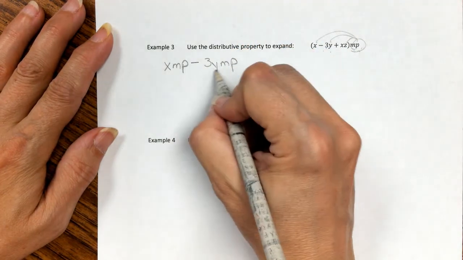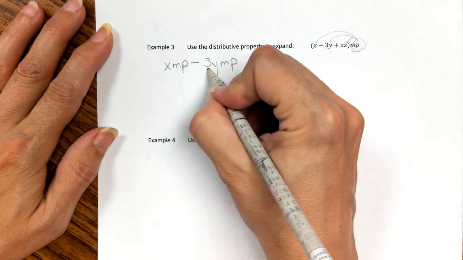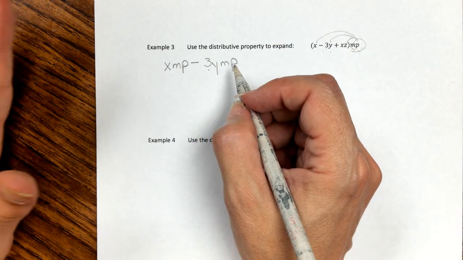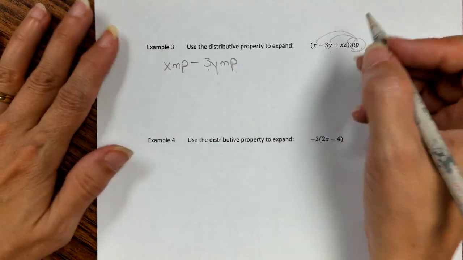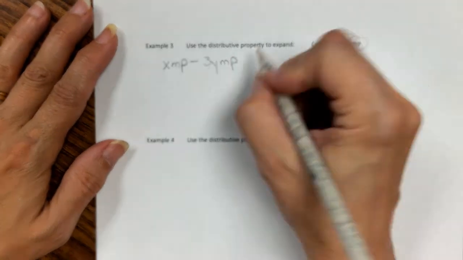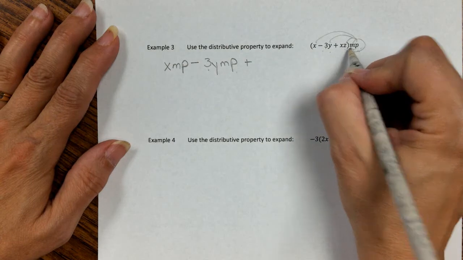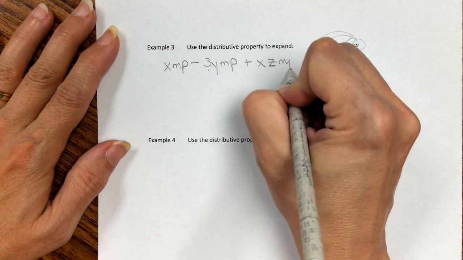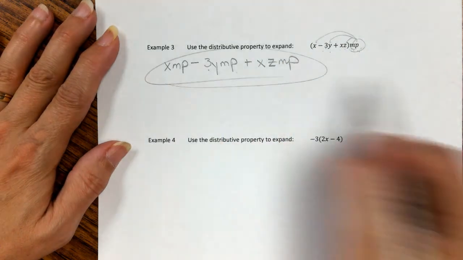Okay, it doesn't matter what order the letters are in as long as you put that number first. Sometimes we'll put the letters in alphabetical order, so it's just easier to compare our answers, but that's not necessary. I'm just kind of going in the order they are. So xzmp for this one. And that's all you need to do.